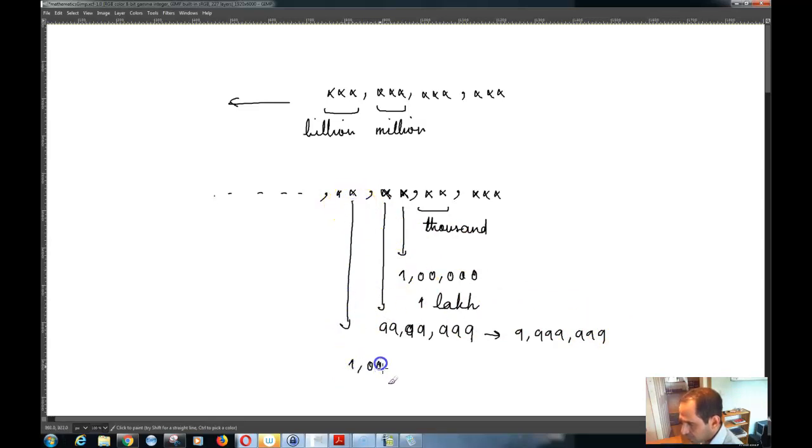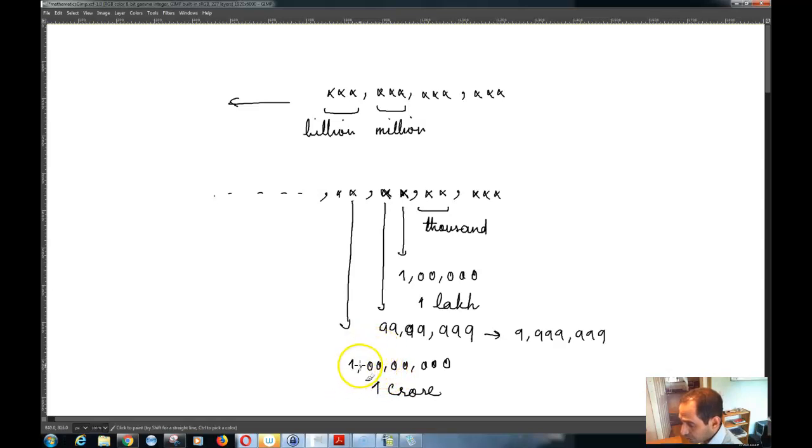But then as soon as you get over here, all of these become zeros, and this becomes a 1, 0, 0, 0, 0, 0, 0, 0. And this is called 1 crore, which is the same thing as 10 million. And you can go all the way up to 99 crores over here, and you can just keep going.